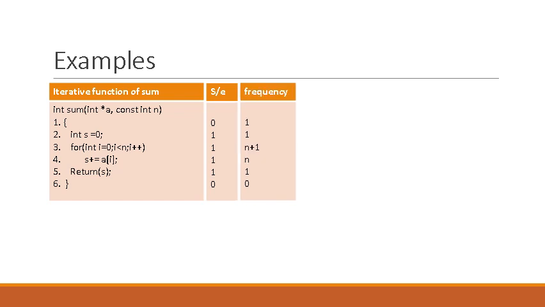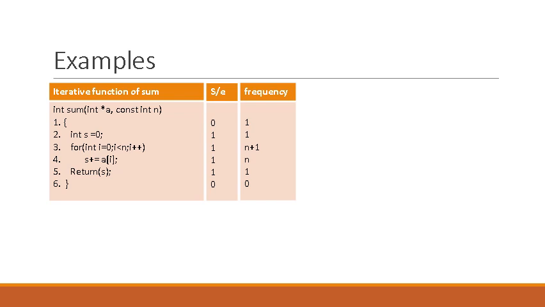Now we will see frequency: when I execute this, how many times each statement is going to execute. We know that int s equals 0 is going to execute once, as it is not in a loop or anything.